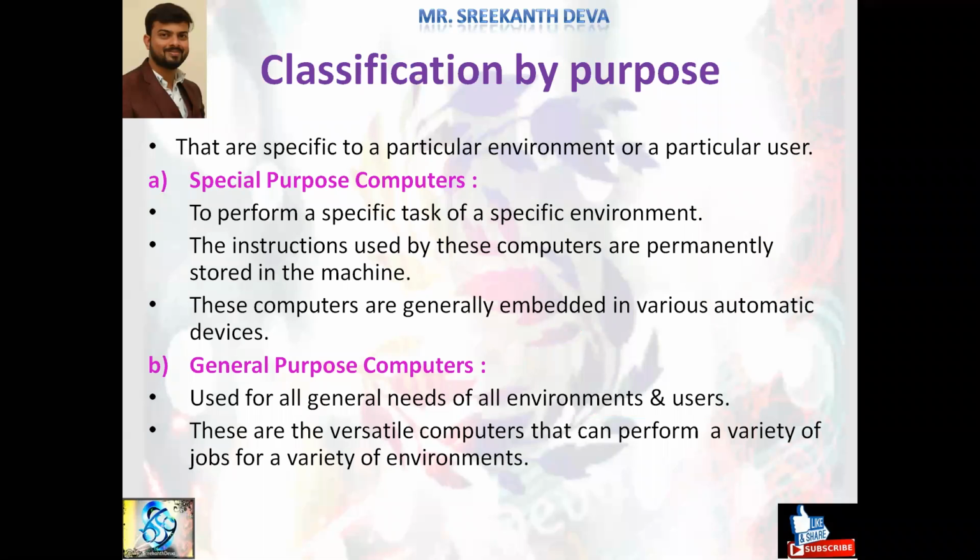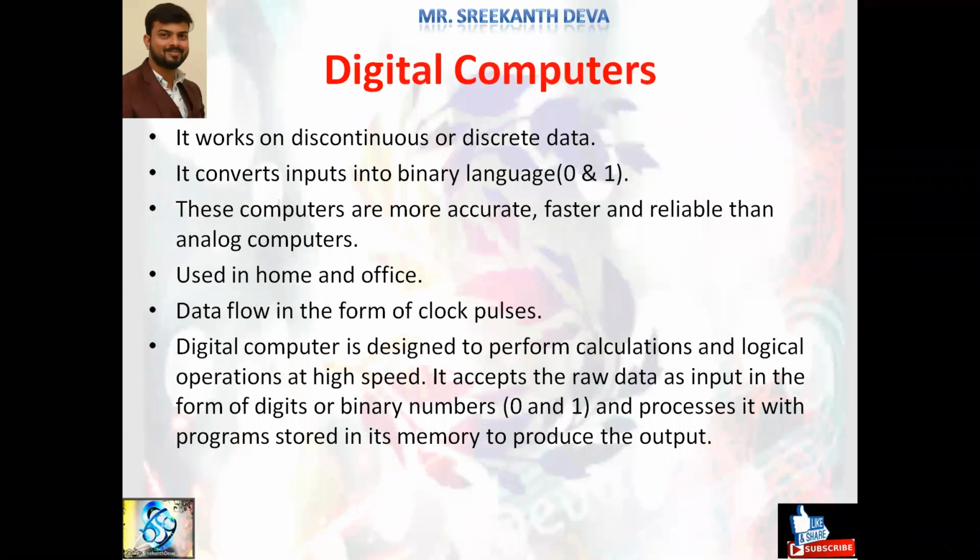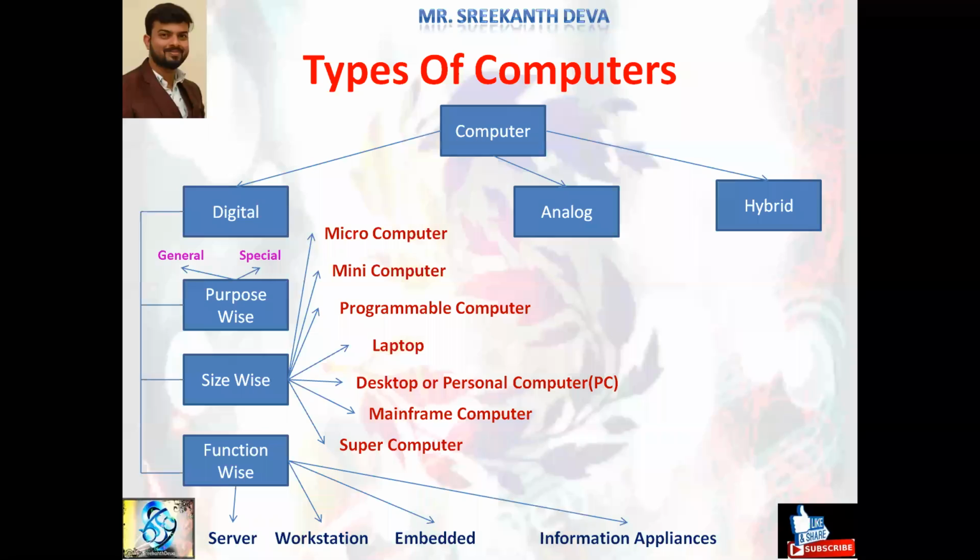I hope everyone is clear about it. Once again, to explain: today we discussed types of computers, majorly categorized into three types: digital computers, analog computers, and hybrid computers. In this session we discussed digital computers, again categorized into three types: purpose wise, size wise, function wise.